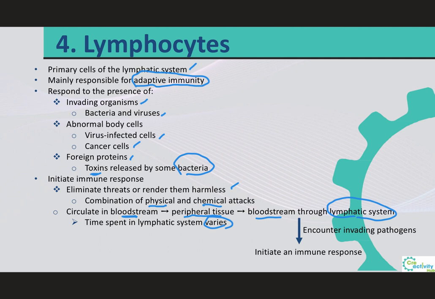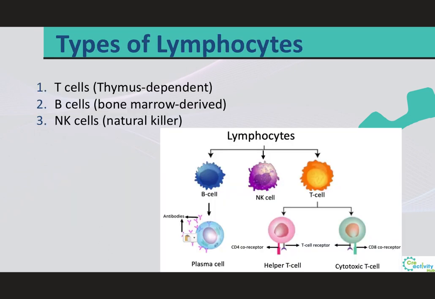Now, regardless of what type of invading pathogen or foreign proteins they encounter, the lymphocytes will respond by initiating an immune response. There are 3 different classes of lymphocytes that circulate in the blood. We have what we call the T cells, and these are thymus dependent. And as we noticed, thymus starts with a T, and that's why they're called T cells.